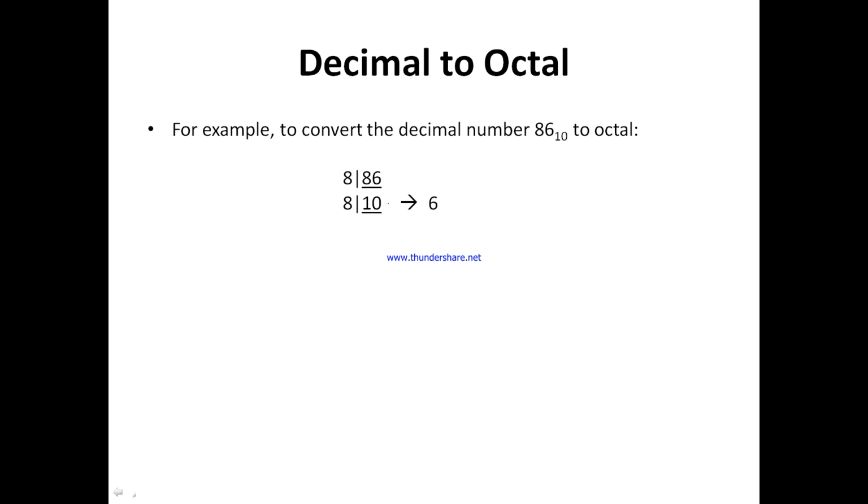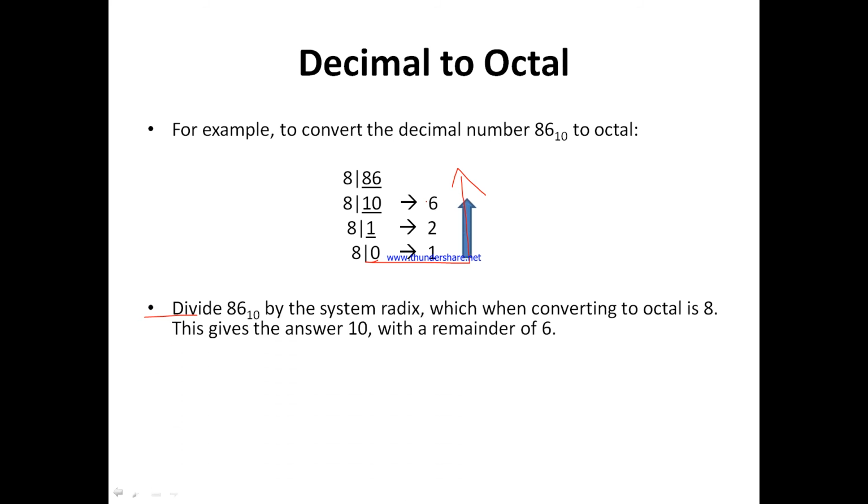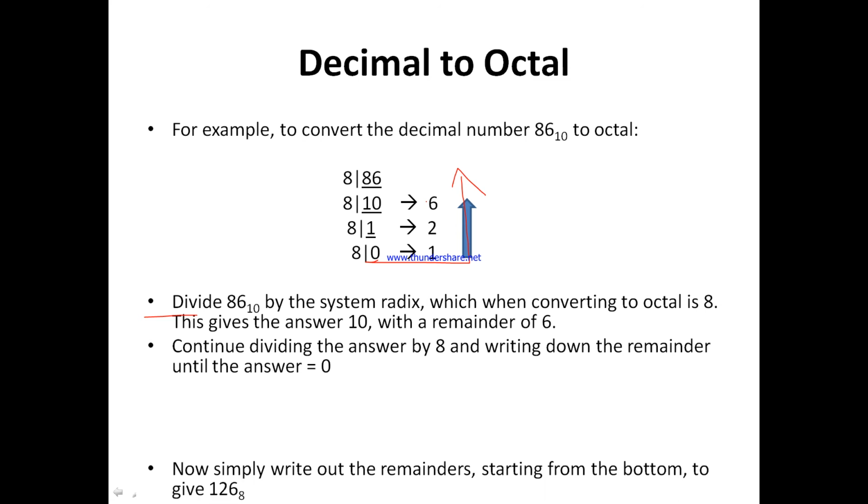Again divide this by 8, and we get 1 and the remainder is 2. We need to write the answer from the bottom to top: 1, 2, 6. The answer is 126. This is decimal to octal conversion.